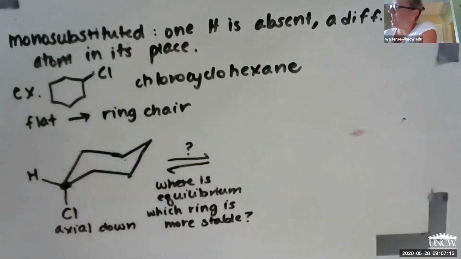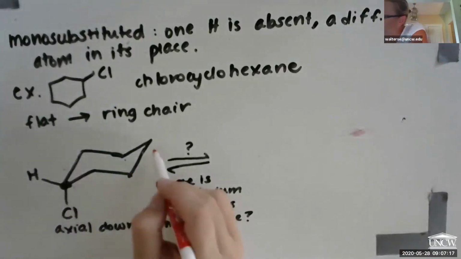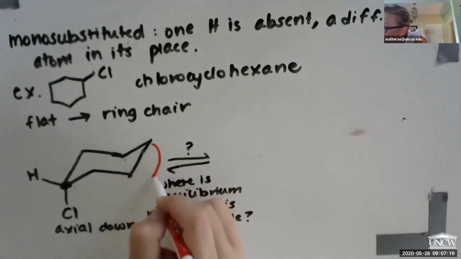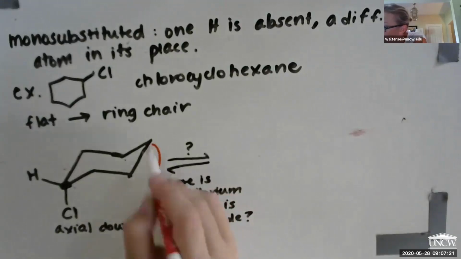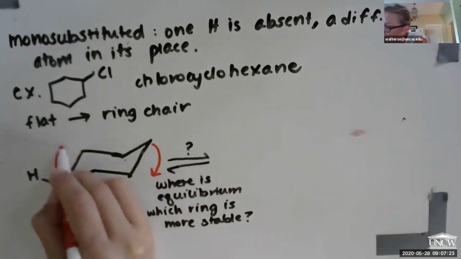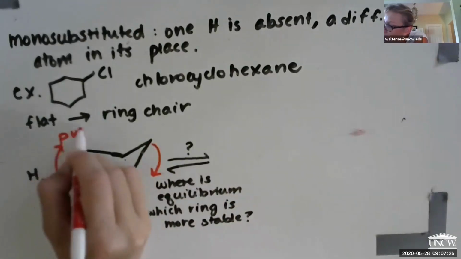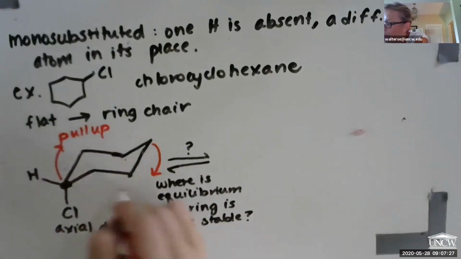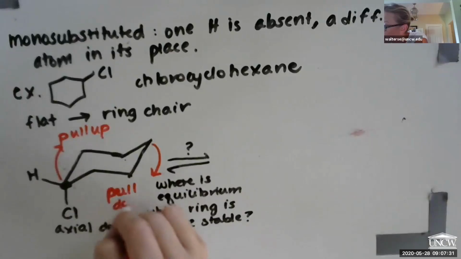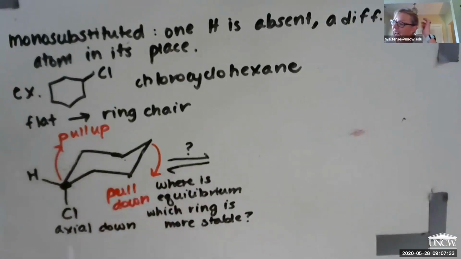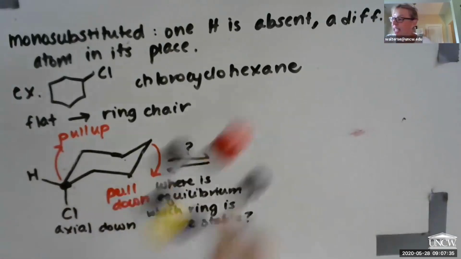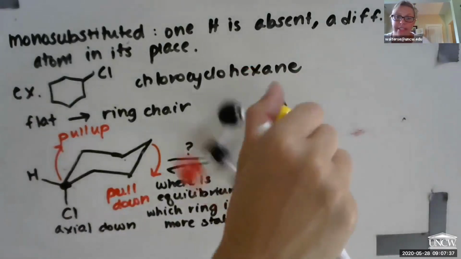Okay. Now for this chair flip to happen, this carbon is going to come down. I'd pull this one down, pull this one up. And that would be like on a model kit to get it to flip. That's not rotating. I'm not saying I'm going to take my ring and rotate it.